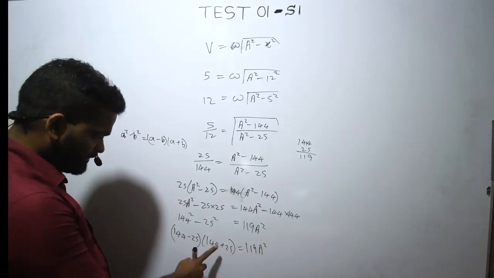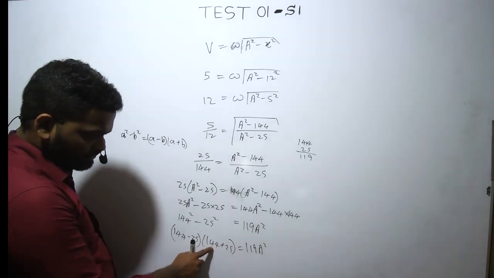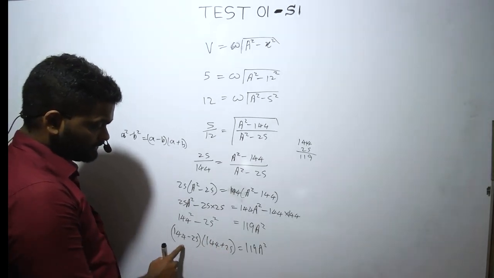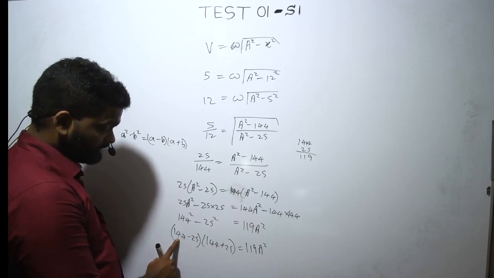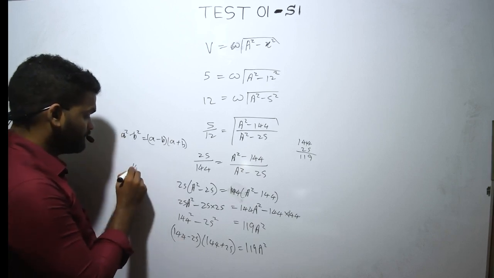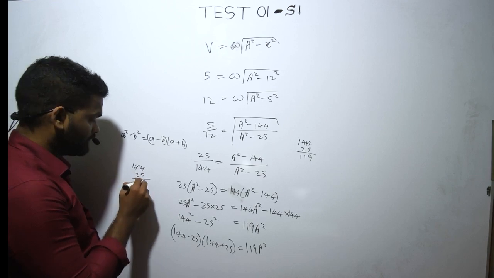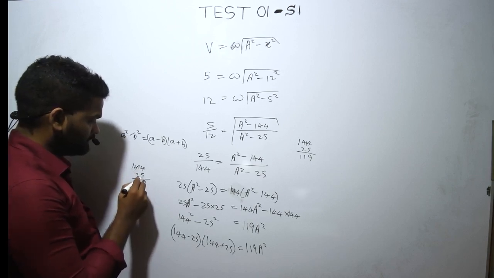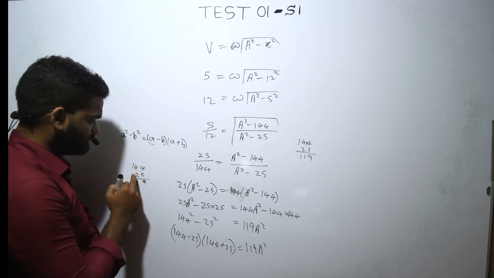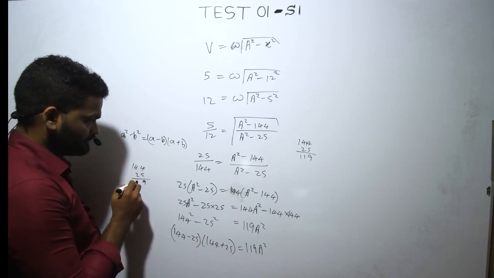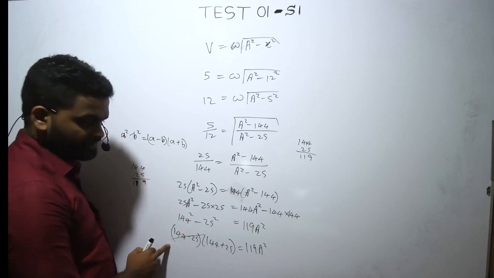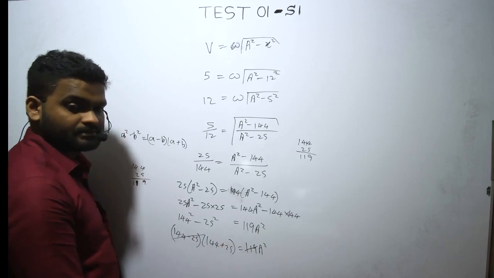Here you can see if you subtract 144 minus 25, what do you get? 119. So this is 119, then you can cancel that, right?